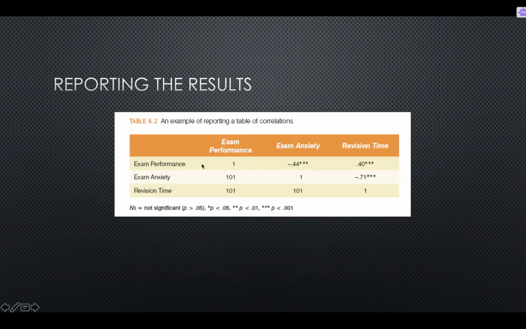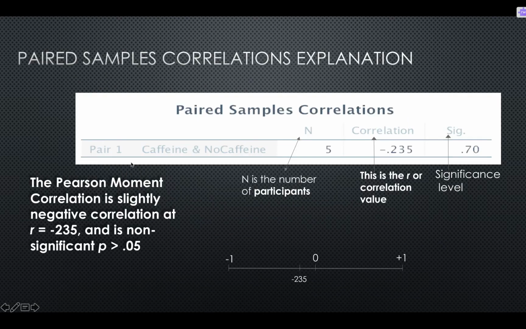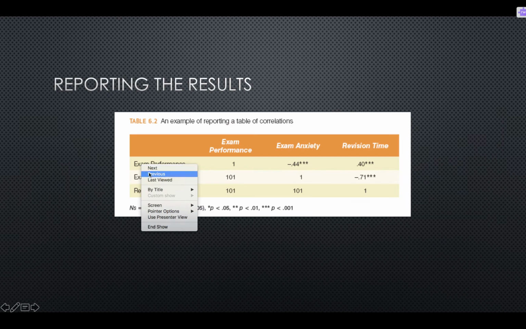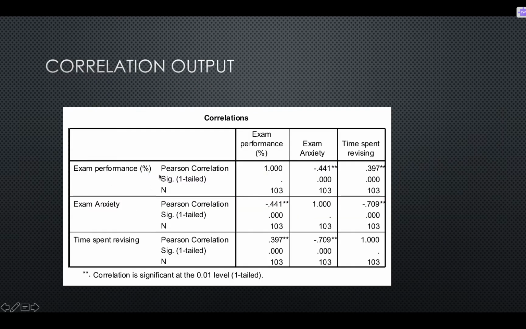You can see that exam performance and exam performance are equal, so they're going to come up with a perfect score of 1. Here we're looking at performance and exam anxiety.